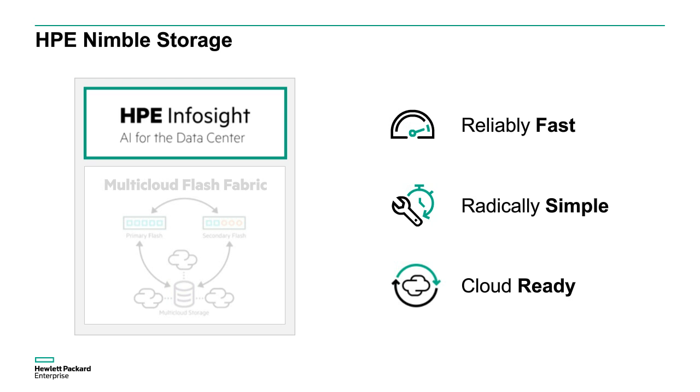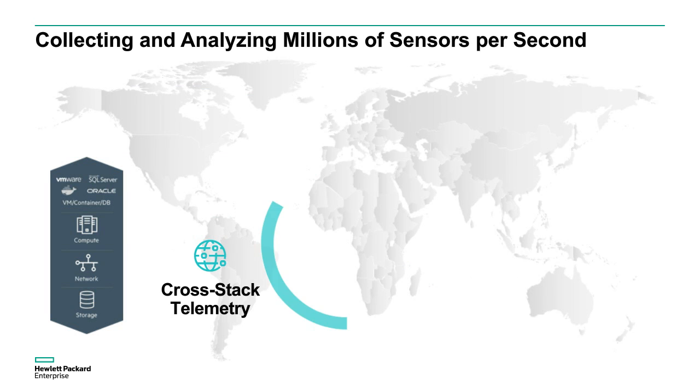So what is InfoSight and how does it work? As I mentioned, InfoSight is our predictive analytics engine that helps to deliver that true AI for the data center. There are really 3 main areas in which we want to examine how InfoSight operates. The first is what we call cross-stack telemetry. Transforming how infrastructure is managed really starts with having the right data.